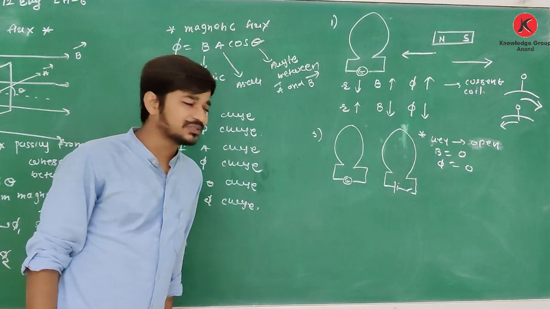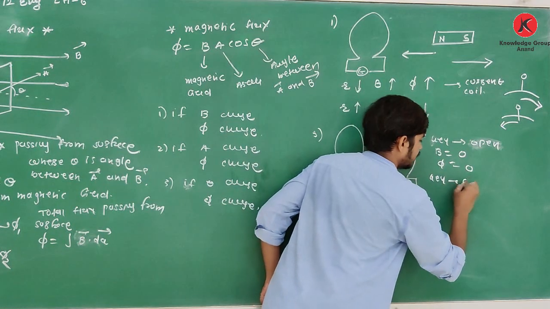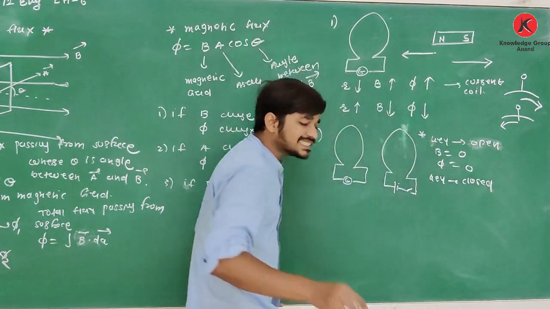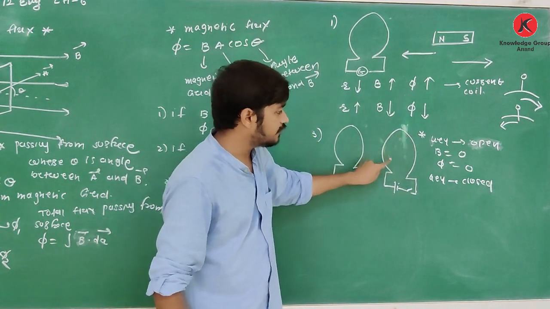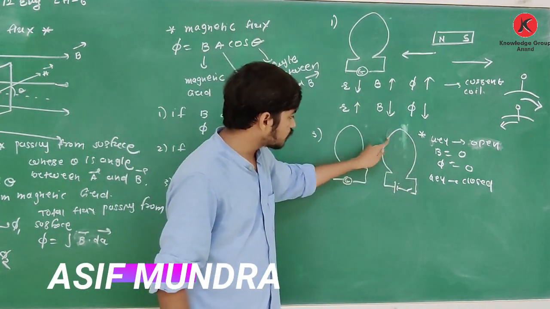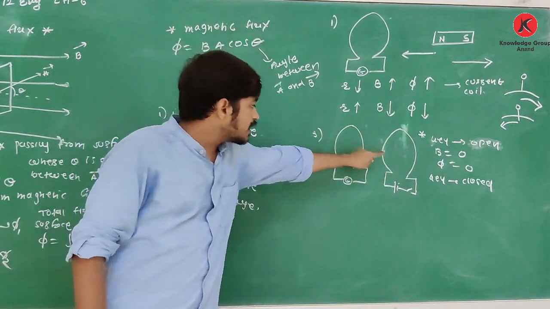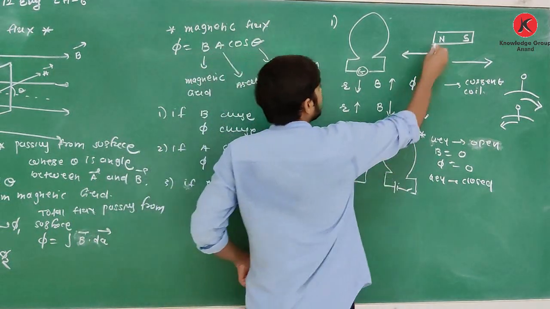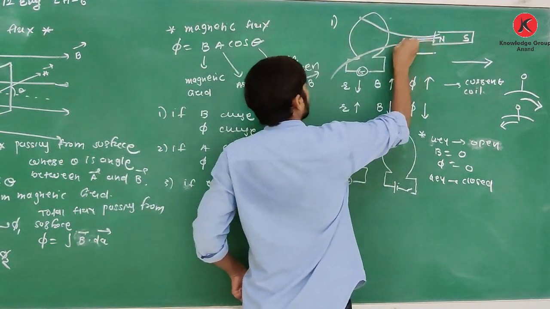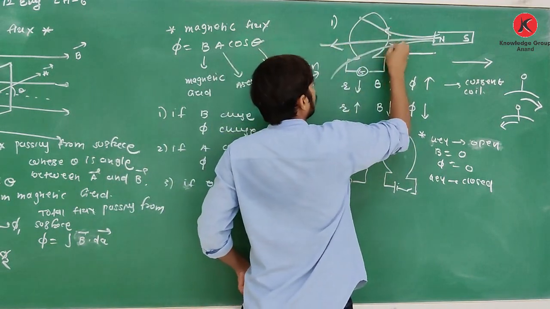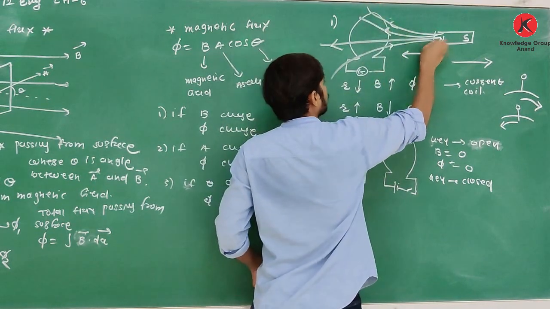But when this key is closed, at the instant when the key is closed, current starts flowing in this coil. So a magnetic field is produced due to this coil, and that magnetic field is linked with the other coil. See, in the case of a magnet, from the North Pole the magnetic field lines are coming outside. Yes or no? So these magnetic field lines are linked with this coil.